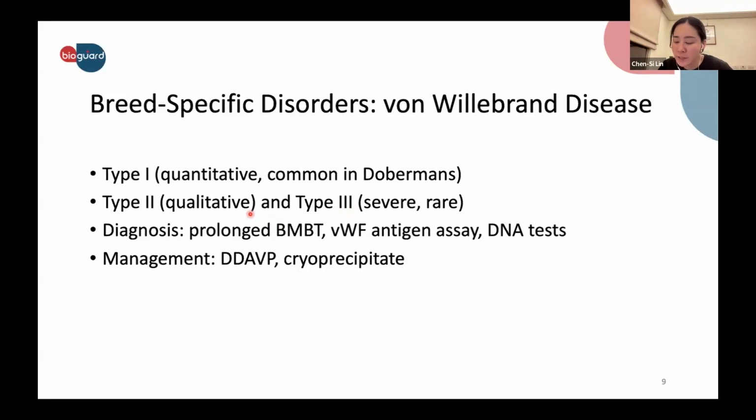The third type is type 3, a very severe situation in which we find almost no VW factor in these dogs. These dogs show severe bleeding symptoms, but fortunately this is rare.